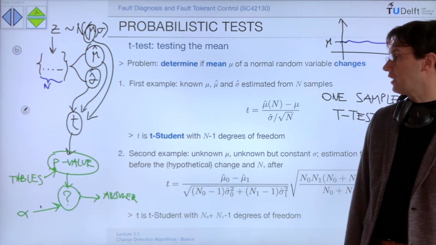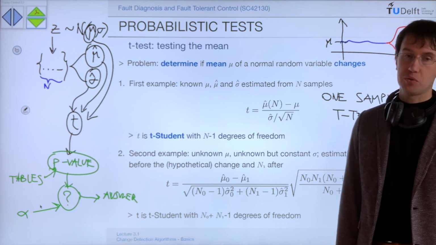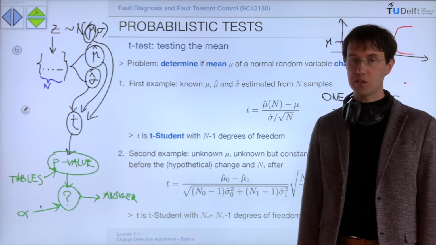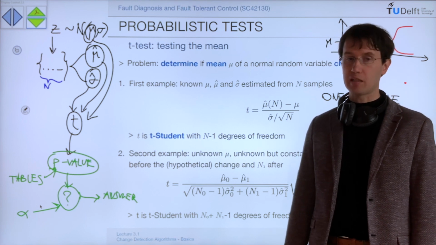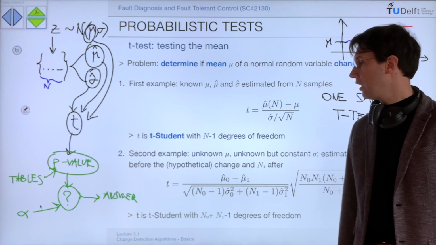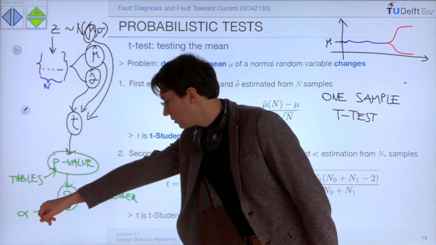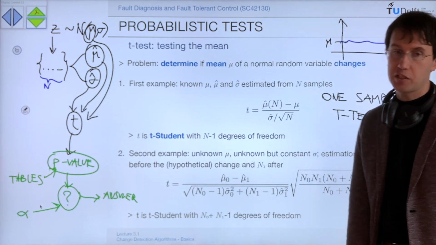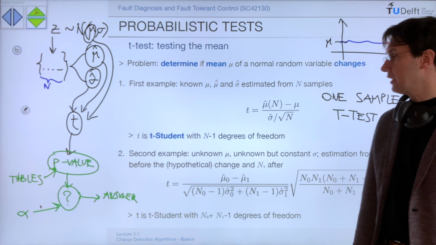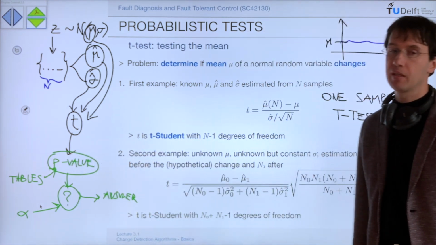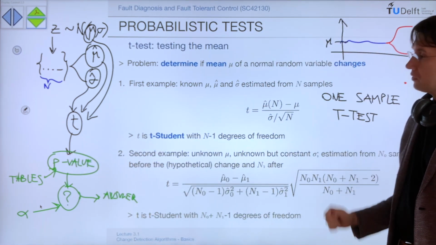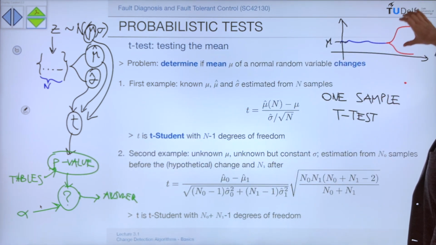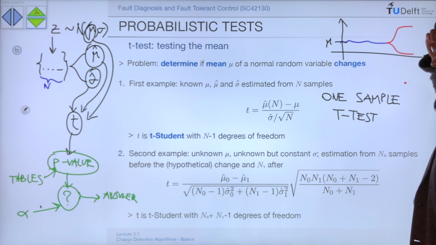And of course, pay attention whether you are doing a two-tailed or one-tailed test, but usually software implementations that are available in Excel or MATLAB will take care of that. So if you basically do this test, you can answer whether you had a change or not. So if you get a high value of the p-value, then you are in a normal condition. But if you get a smaller one, then probably you are in one of these conditions here.